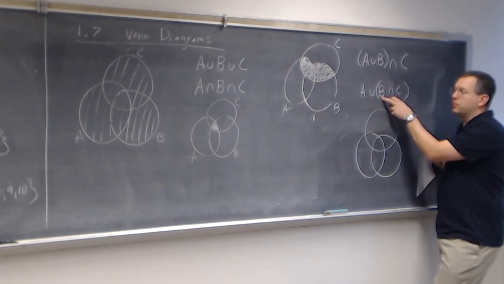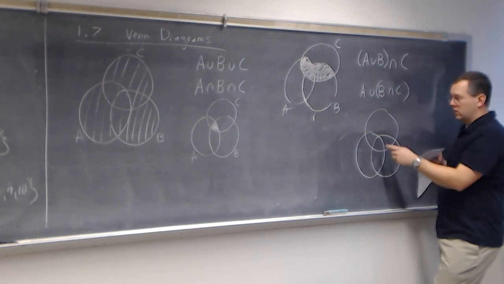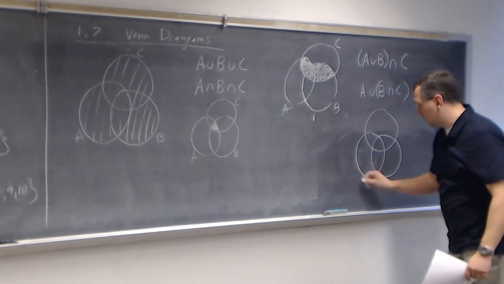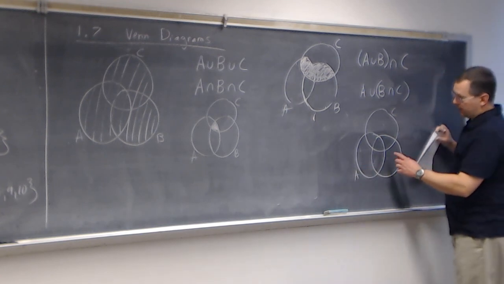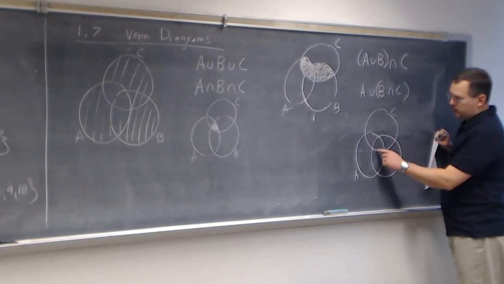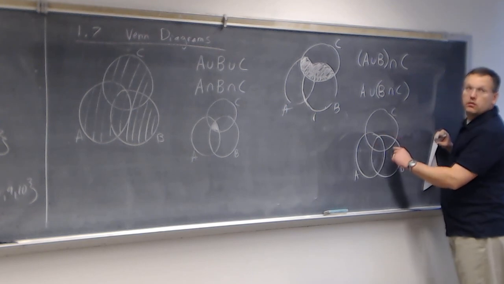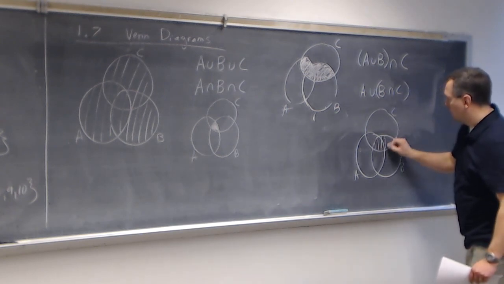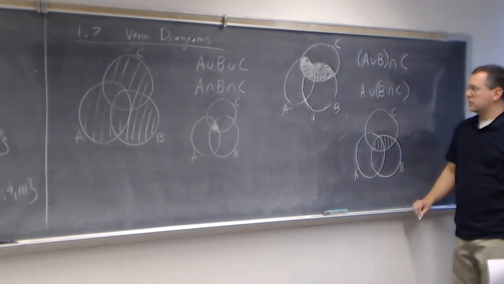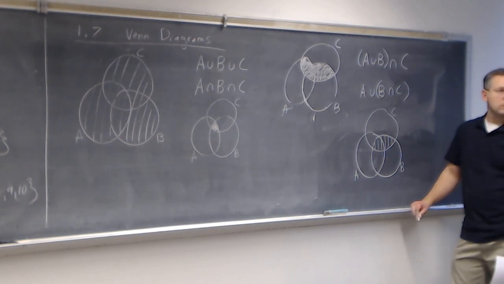Those are the elements in B and in C. How about that? B intersect C is this football-shaped wedge right here. Right? Okay.